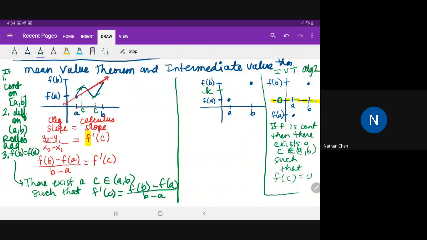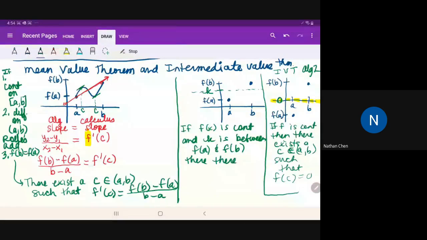They have a K in here. One of the qualifications is f of x is continuous, and K is between f of A and f of B. Then there exists a C, and then I'm going to show you a real question.